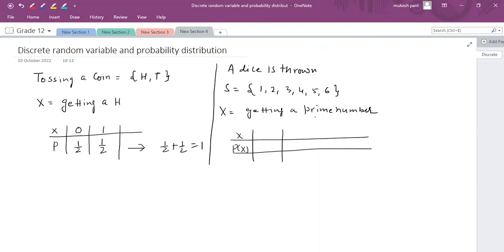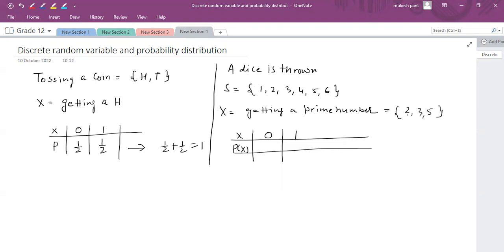So we may get a prime number, or we may not. Two possibilities. If we do not get one, the random variable X is 0, and if we get a prime number, it is 1. How many prime numbers do we have? We have 2, 3, and 5.